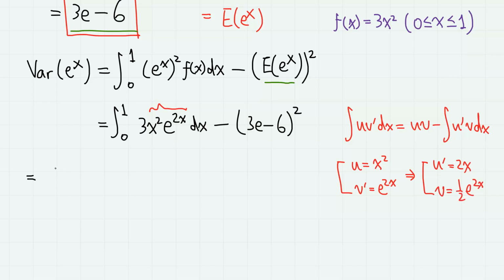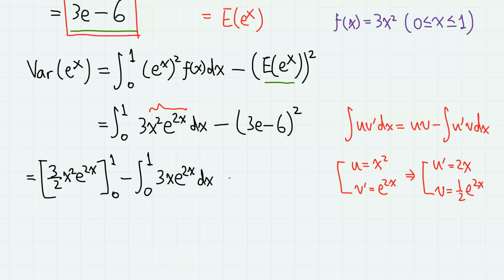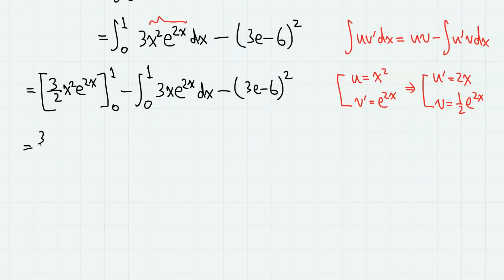So we have 3uv, so 3 over 2 x squared e to the 2x from 0 to 1 minus integral 3 u prime v, so 3x e to the 2x dx, minus this term. So we have 3 over 2 e squared minus, and here we use the integration by parts again. So u is now x and v prime is e to the 2x.